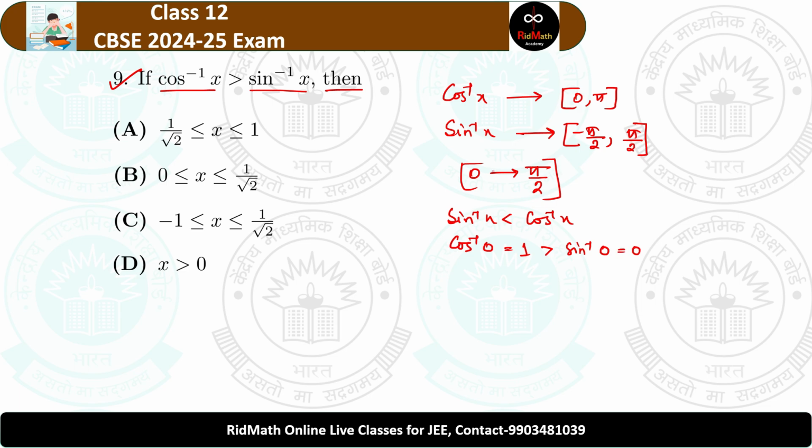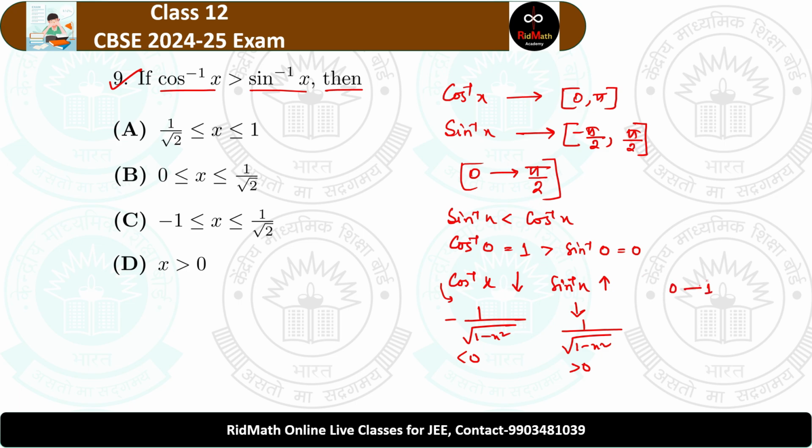And in this range 0 to pi by 2, cos inverse x is a decreasing function and sin inverse x is an increasing function, because the derivative of cos inverse x is minus 1 by root over 1 minus x square, and the derivative of sin inverse x is 1 by root over 1 minus x square. So this is less than 0 and this is greater than 0 from 0 to pi by 2, because the value is always 0 to 1.